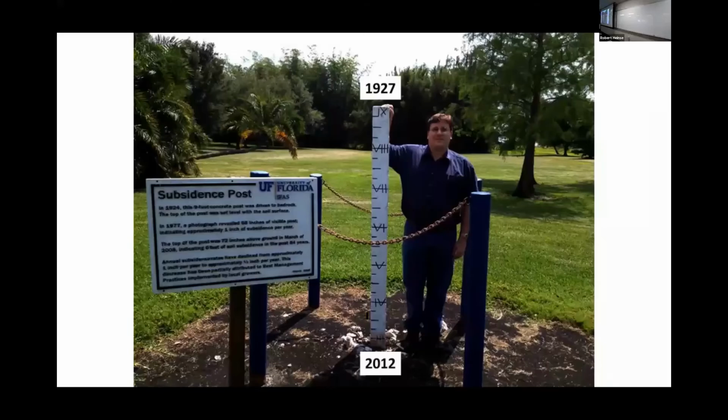And with that, the organic carbon that made up that histosol disappears in the form of CO2 into the atmosphere. So between 1927 and 2012, the land has subsided by that much due to the decomposition of the organic histosol with the introduction of oxygen. Okay.